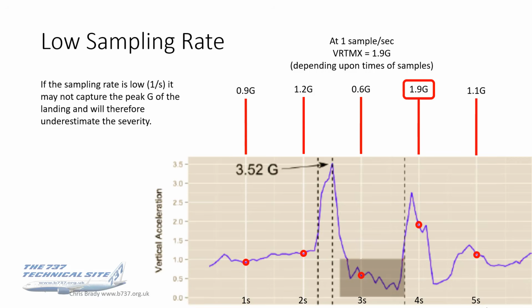Now, the graphic I've got here is an FDR trace from a heavy landing that occurred to a 737-800 in the Azores, I think it was, a few years ago.